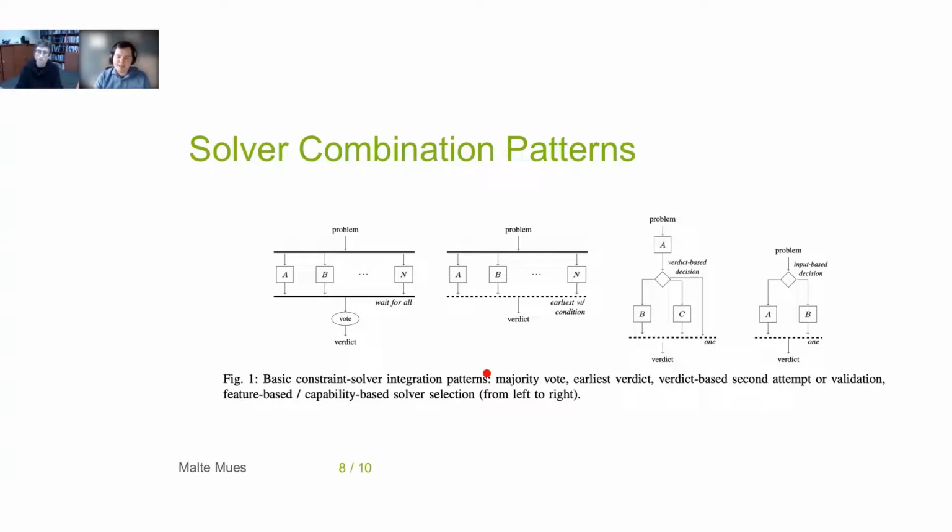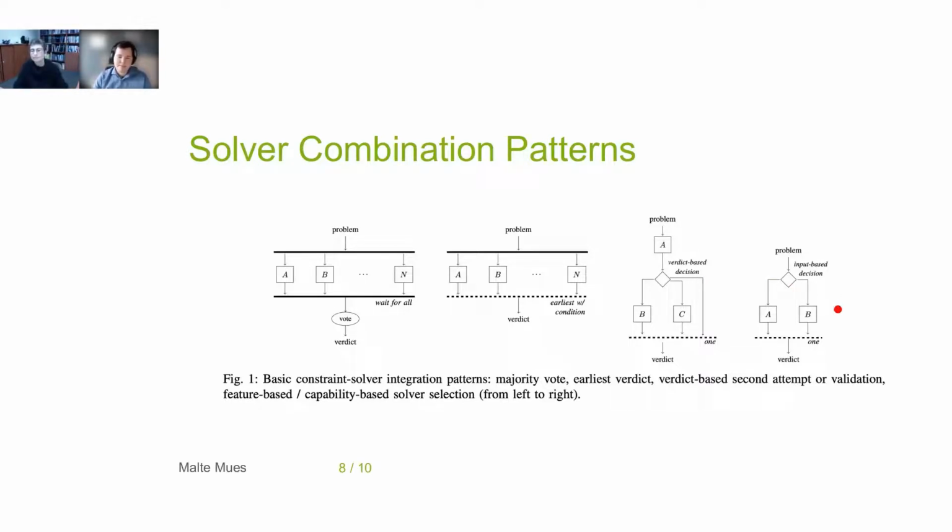And the next pattern is what we call the verdict-based second attempt or validation strategy, where we have an SMT solver that computes the verdict, and then we integrate something that's checking the verdict, and based on the result of the check, we either accept it, or we call another SMT solver for cross-checking, or we hand off the problem completely to another SMT solver.